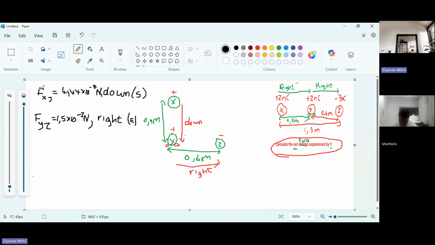So we're going to use what you learned in grade 10 vectors, the tail to head method. You draw the first vector, which can be any of these. We draw the first vector, which is downwards, x.